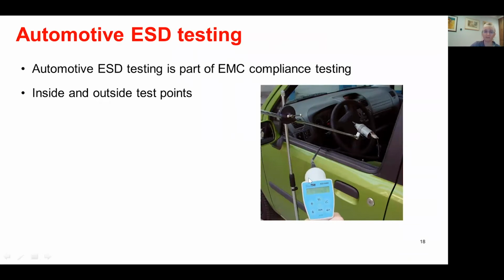This is clearly not the most recent photograph, but the idea here is just to show that, similar to the gun testing with the handheld electronics, the vehicle is also tested in the same way. So every part of the vehicle is tested to make sure that the electronics don't either get destroyed or respond incorrectly if they get zapped by discharge.